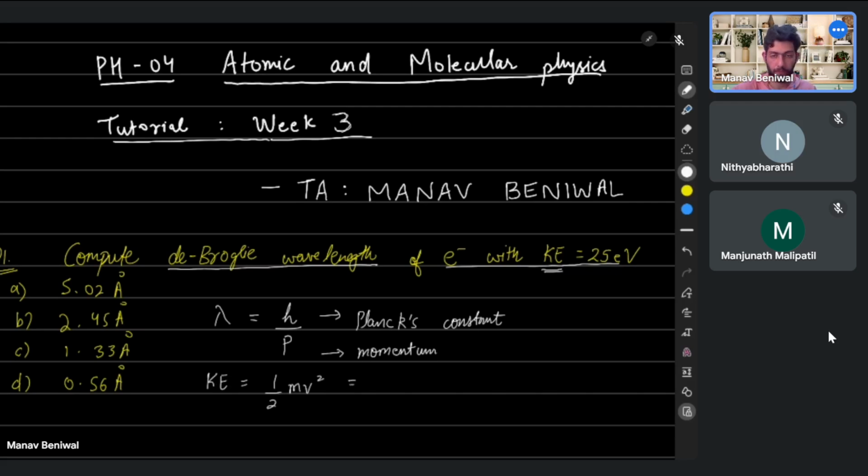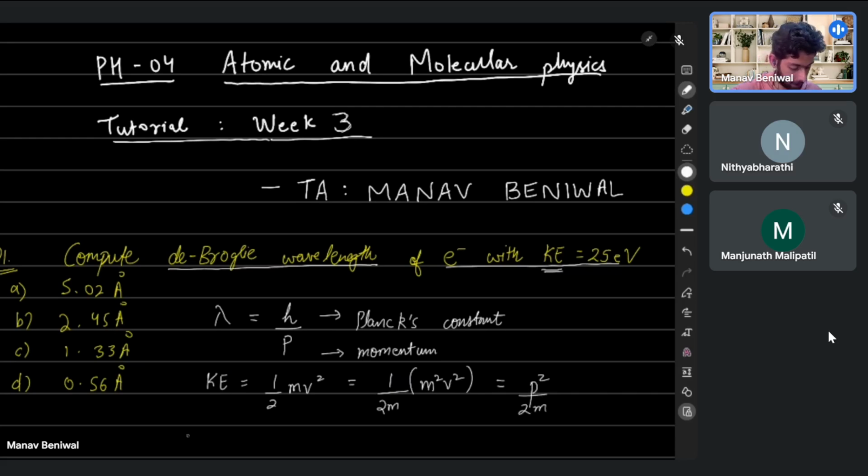Or we can multiply by m in both numerator and denominator. So what we will get is 1 upon 2m times m squared v squared, right? Now what is mv? mv is momentum, so this just becomes p squared over 2m.